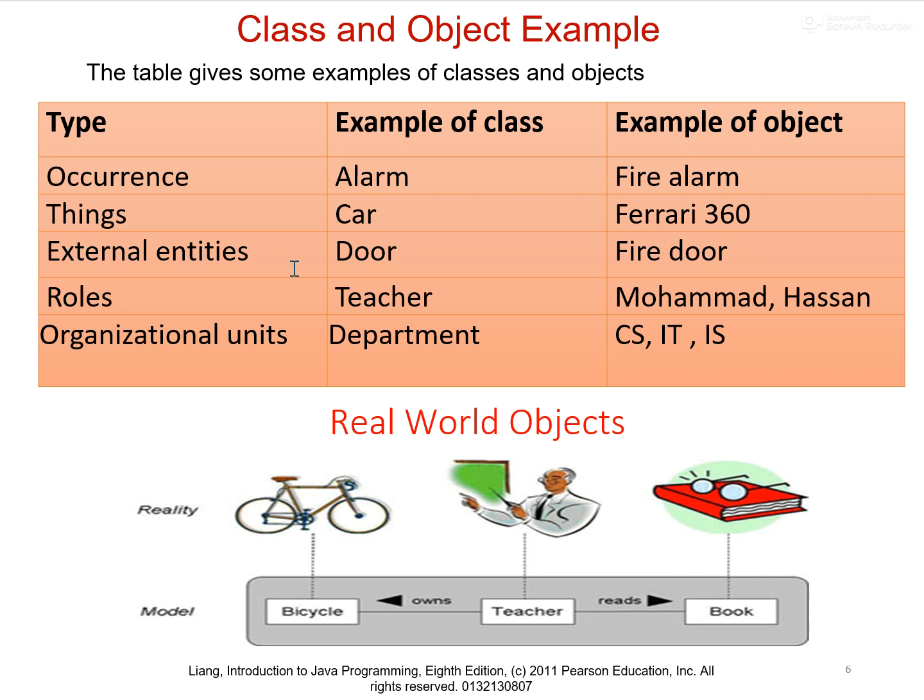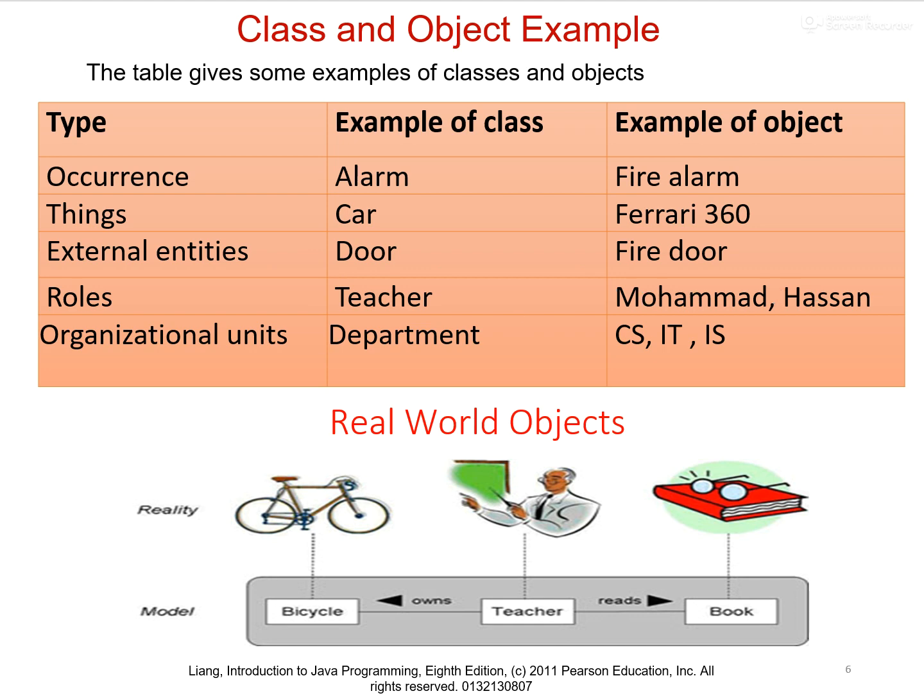Similarly, you could have a class called door, an example of which would be a fire door. You could use classes and objects to represent roles, such as the role of a teacher. Teacher could be a class, and an example object of a teacher could be a specific teacher, such as Mr. Muhammad Hassan.